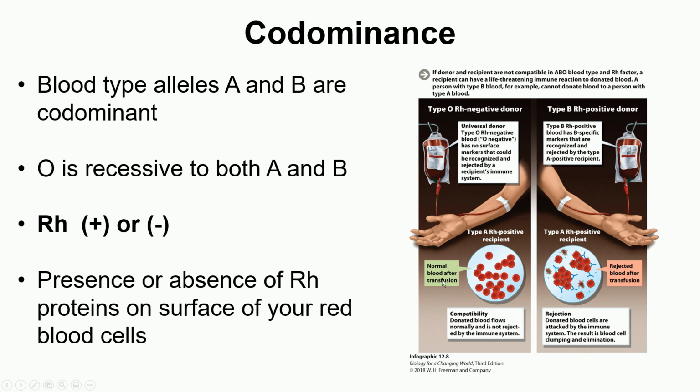Blood type A can receive blood from A positive, or they can also get it from O negative. But if the person with blood type A positive receives blood from, say, type B positive, this person can die. Now, how is it determined who can give blood to whom?